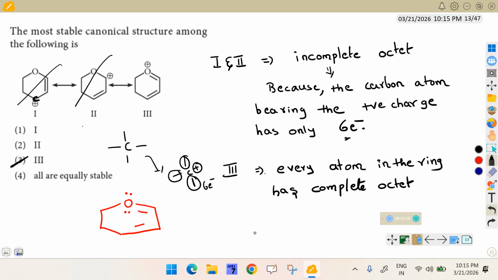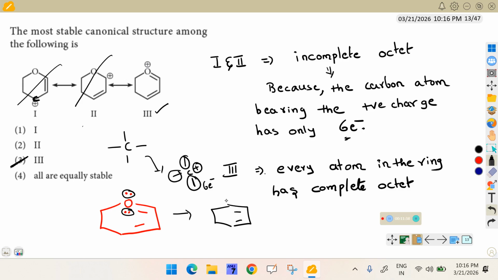The third one is stable. How? Generally, oxygen contains two lone pairs of electrons. But in the given structure, oxygen contains a positive charge. That means oxygen lost a pair of electrons.